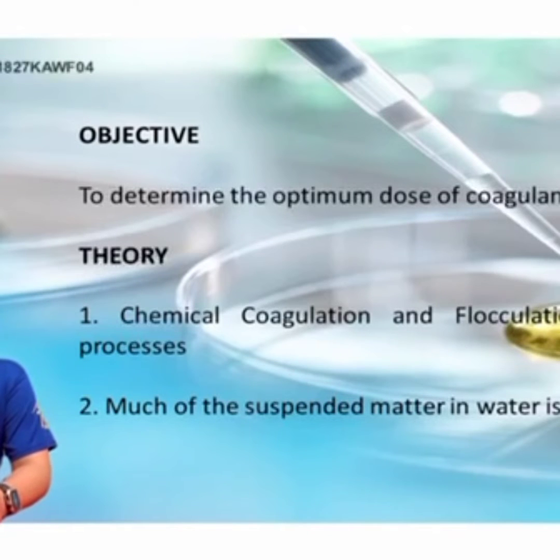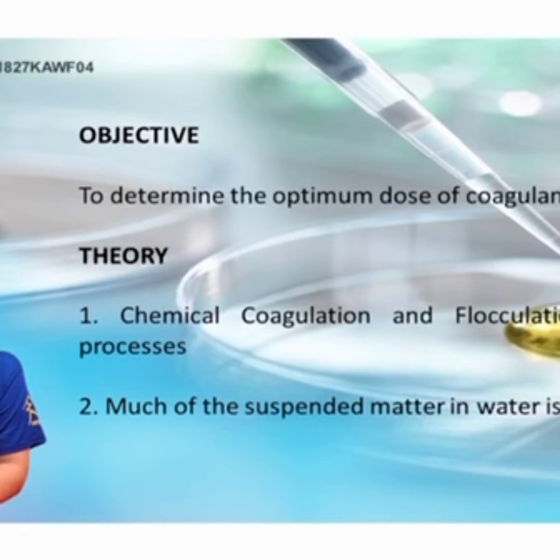For the objective, this experiment is to determine the optimum dose of coagulant for specific water. And for the theory, chemical coagulation and flocculation are important processes used prior to sedimentation to increase solid removal within a water treatment plant.